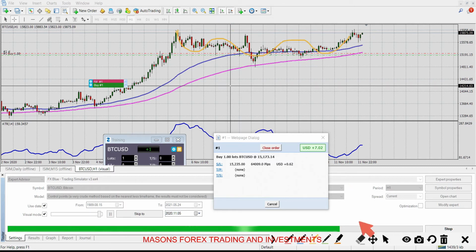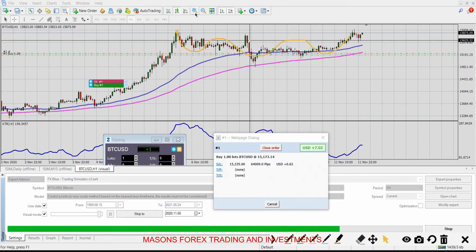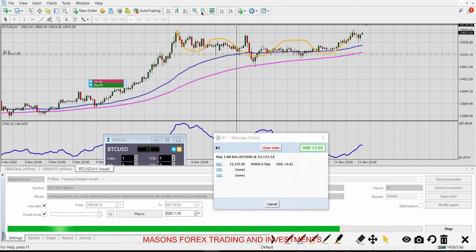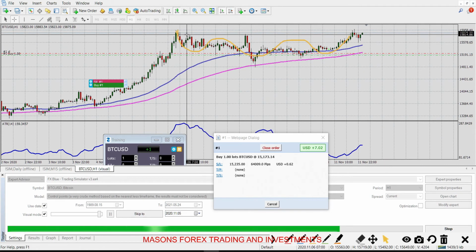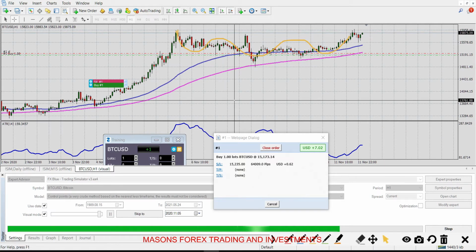So what can happen here is, by looking left, it could happen that price further collapses from this level. So this could also be another point to completely take off your profits.